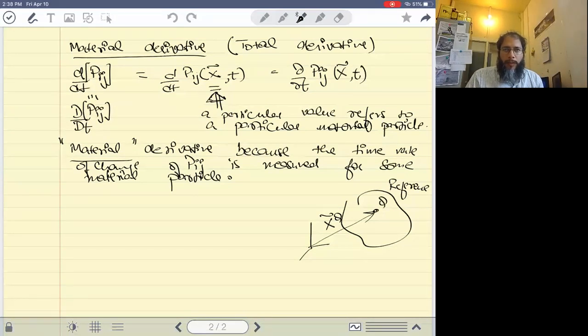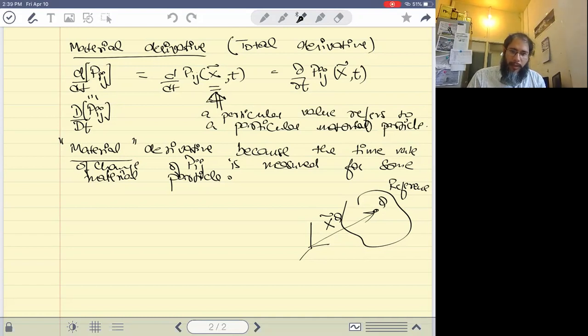Of course, you may specify that here, but analytically, you may actually write your d by dt as a mathematical function of capital X and t. What that will basically tell you is the rate of change of the material derivative as a field. So you put any particular value of capital X here, and that will give you the material derivative value for that particular material particle.